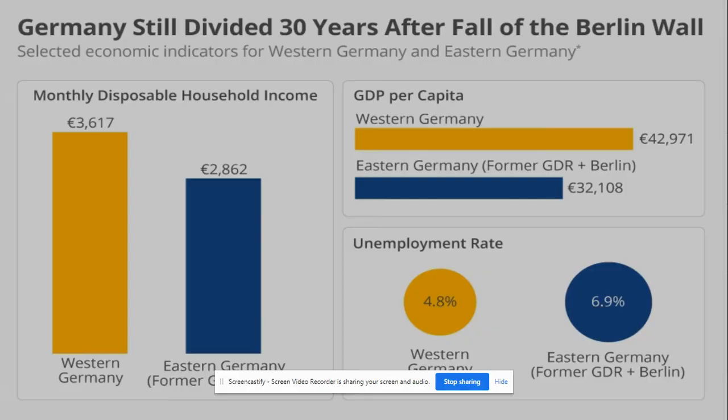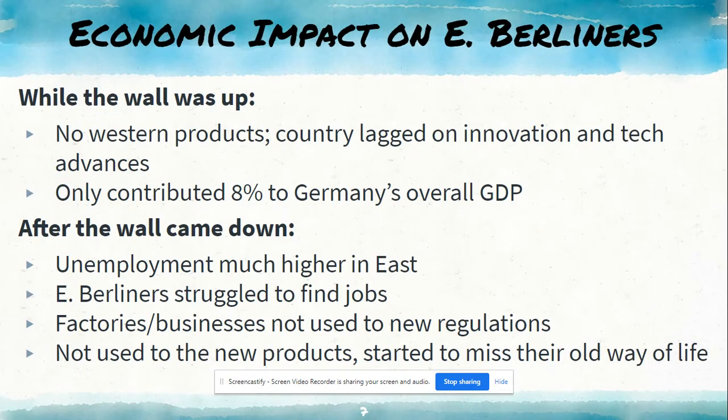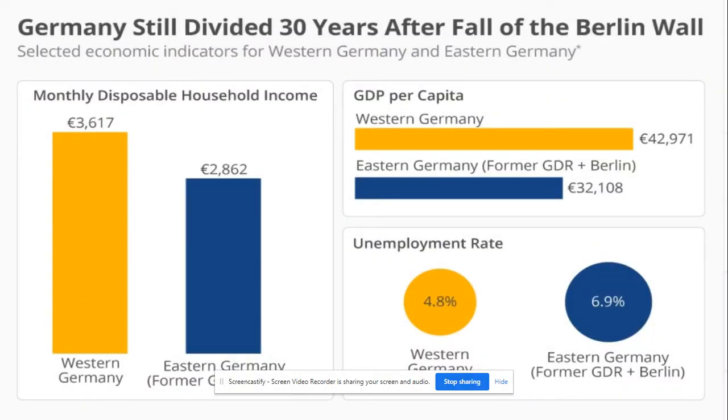Okay. So I'm going to continue to go over the economic impact on East Berlin. These are statistics on the German economy 30 years after the fall of the Berlin Wall. There's a few economic indicators. The first one that I'm going to go over is monthly disposable household income.